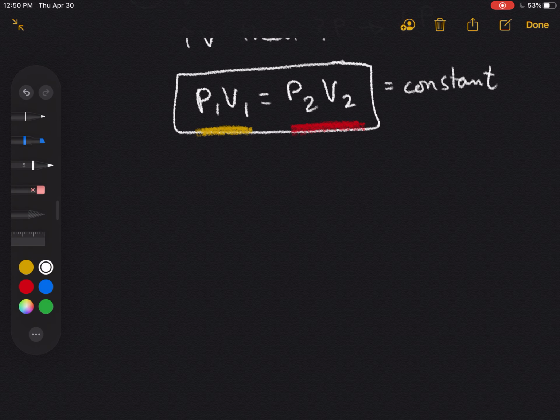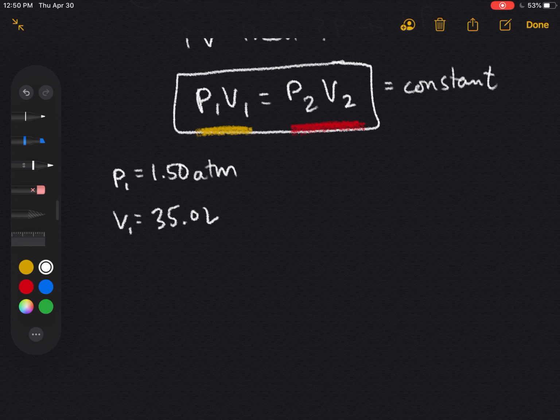Let's say that we have 35 liters of a gas and its pressure is 1.5 atmospheres. Now this is our starting, so we're going to label this as P1 V1 as our initial pressure, initial volume.